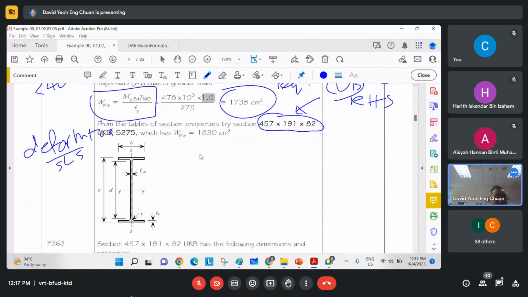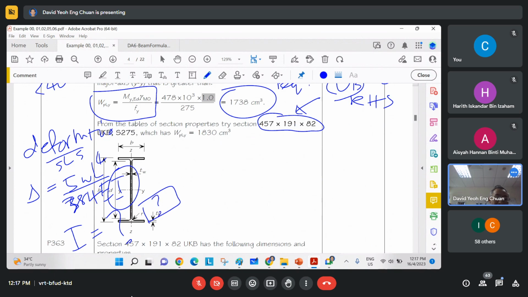If, for example, it's a simply supported UDL, we have delta equals 5wL^4 over 384EI, where w is the little w load. Make I the subject, find the required I, and we get the size. Okay, this is another approach. For delta here, we can use span over 360.